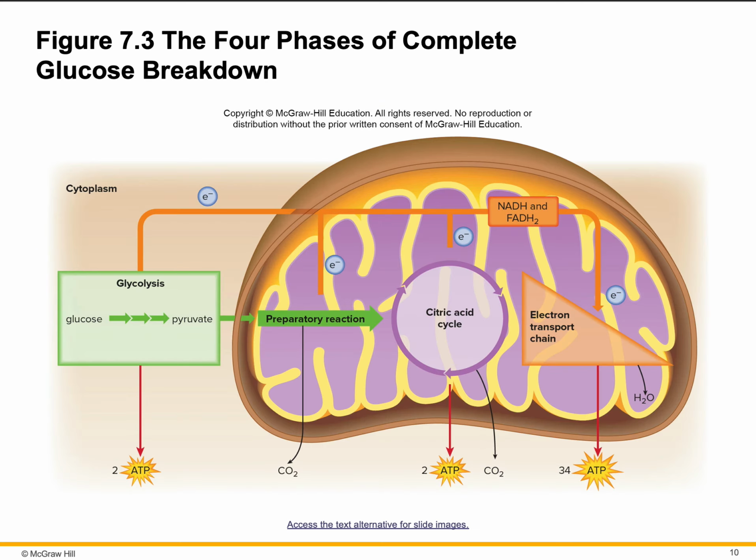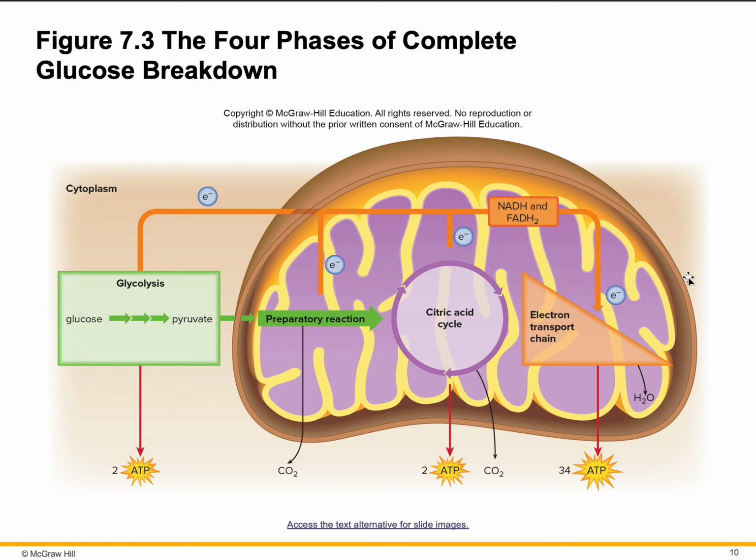For cellular respiration, there are three main processes that I need you to remember. I know here it says four, but the main ones that I really need you to remember are these three: glycolysis, the citric acid cycle, and the electron transport chain. This picture is great because it shows you where they are occurring.